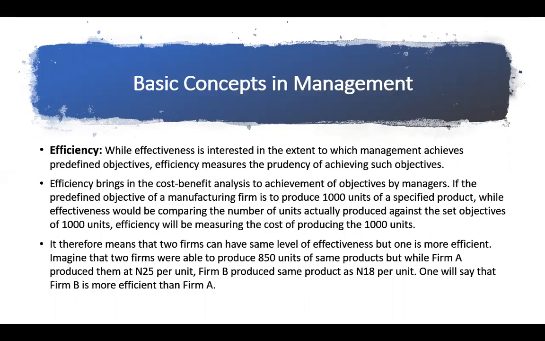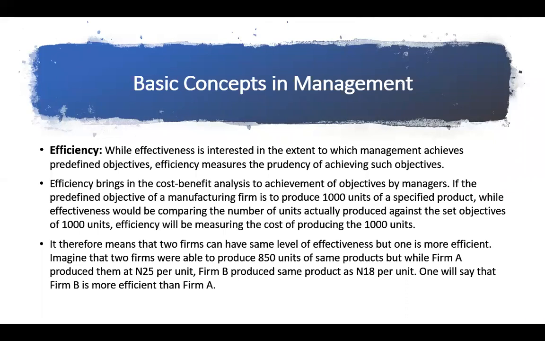Yes, you said you are going to achieve so and so in a year, and you have achieved it. The next question is, at what cost? Did you expend all the resources of an organization in achieving this?